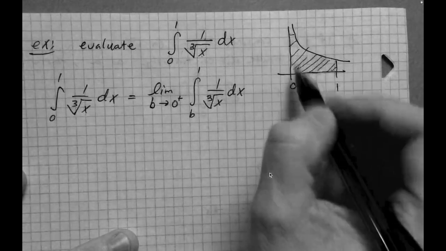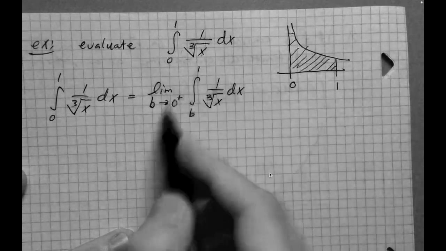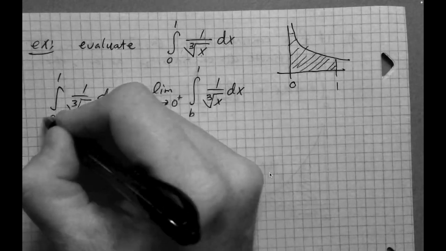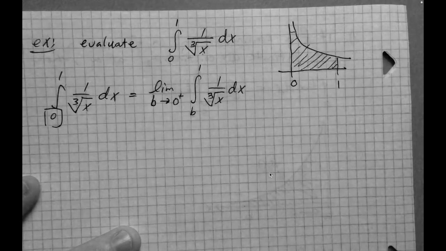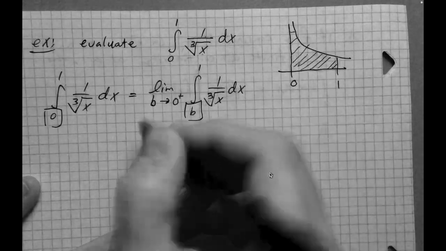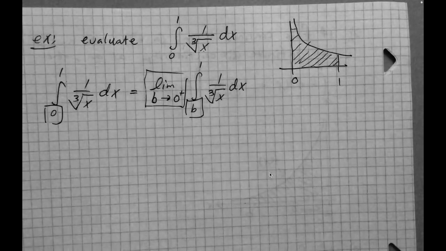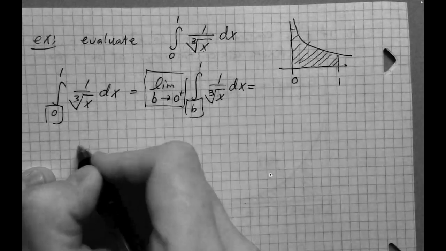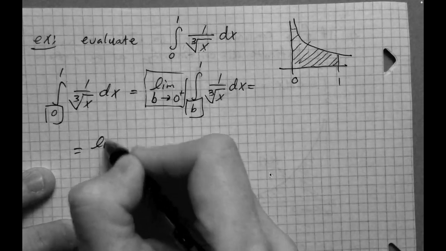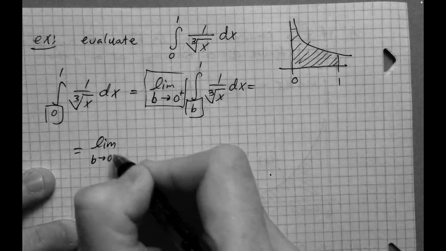That would mean there's a discontinuity there. And so this is the setup, right? We have to deal with this problematic lower bound. And so the way we do it is we swap in a b, and we're going to take the limit as that bound heads towards the problematic point, right? Because we can't do direct evaluation there, so we're going to have to use a limit argument. Okay, and so the limit as b approaches 0 from the right.